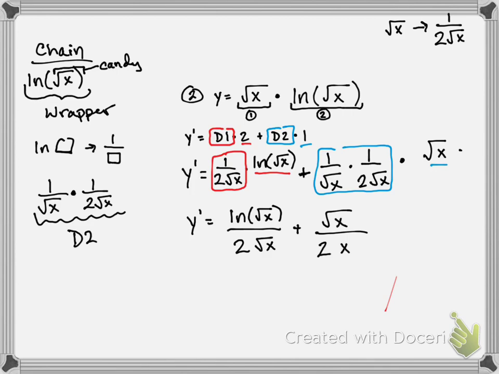Can't we just say that's x? Square root times the square root is just what's under the square root, so we can just say x there. Does that make sense? That's how I would leave it.